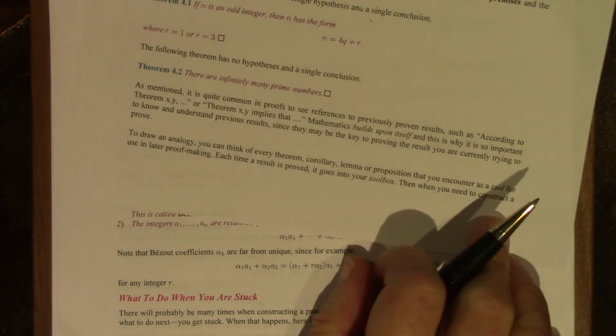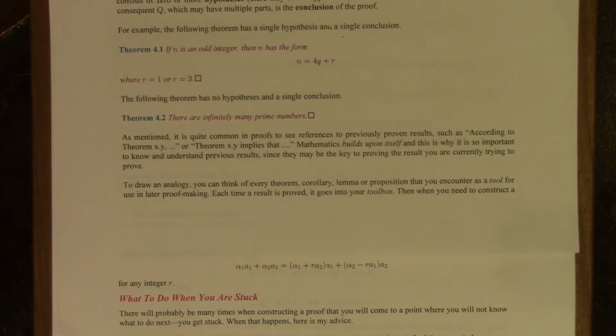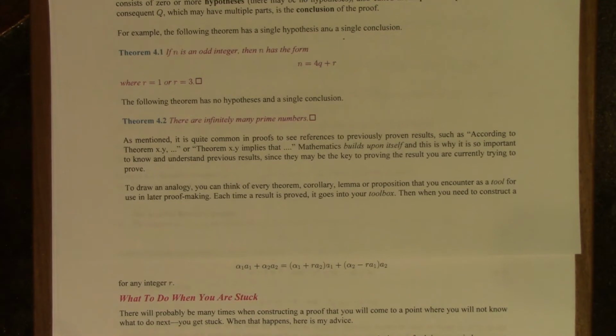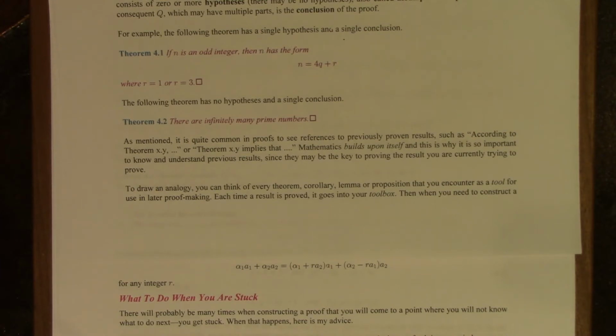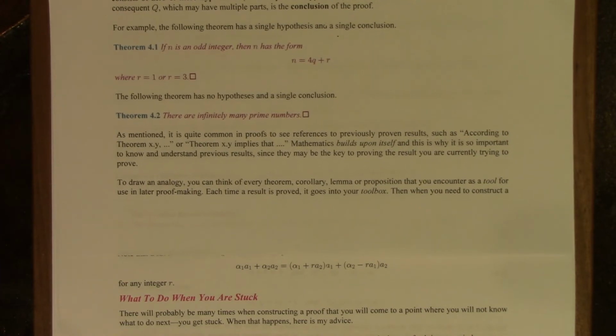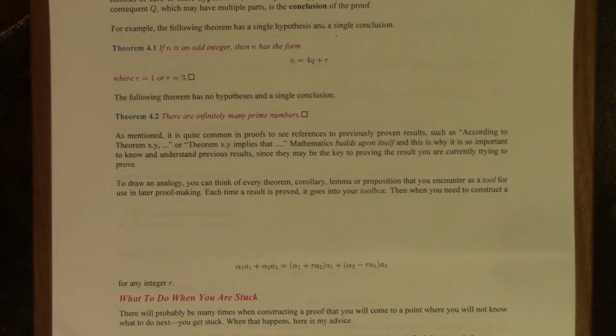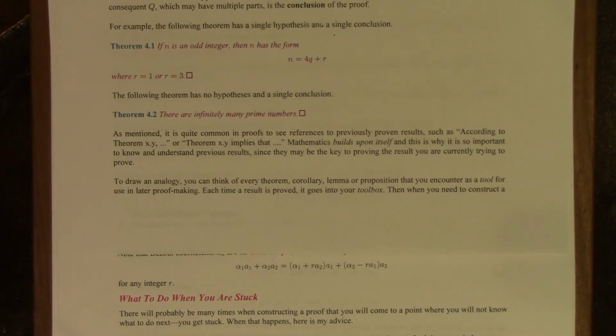To draw an analogy, you can think of every theorem, corollary, lemma, proposition, every result that you encounter as a tool for use in later proof making. Each time a result is proved, it should go in your toolbox.